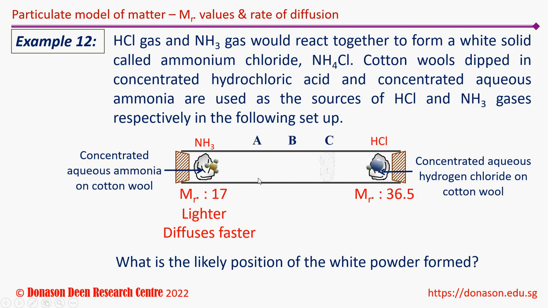When ammonia and hydrogen chloride react, we get ammonium chloride. They are not going to meet in the middle. They will meet somewhere towards where the hydrogen chloride is, and the likely position where ammonium chloride is going to be formed is at position C. This is due to the difference in the relative molecular masses and hence the rate of diffusion of the two gases.